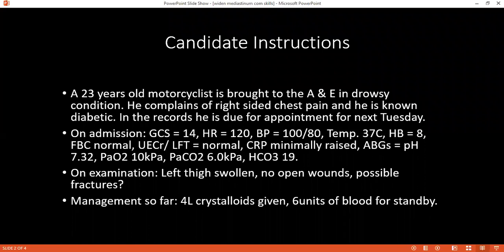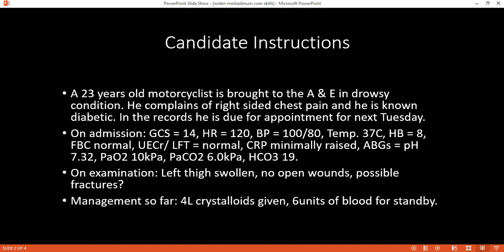Chest drain was inserted. Also his hemoglobin is 8 and the ABG showed low bicarb and metabolic acidosis as his pH is 7.32.